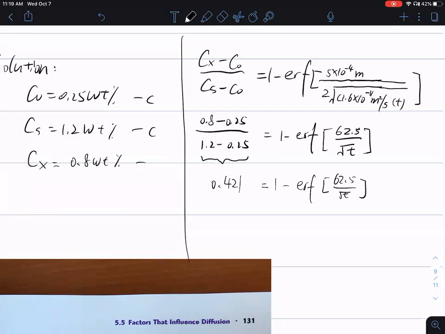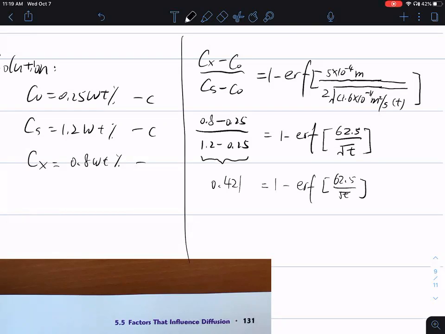Okay, so now can we put that 1 to the other side of the equation? Throw that 1 to the left-hand side of the equation. Oops, I think I made a mistake here.